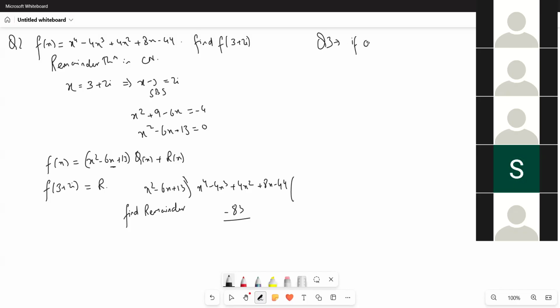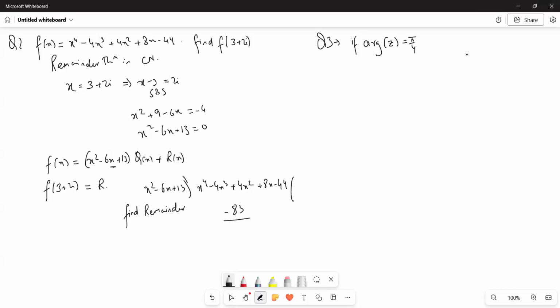If the argument of z is pi by 4 and mod of z plus 3 minus I is equal to 4, find z. What would be z?